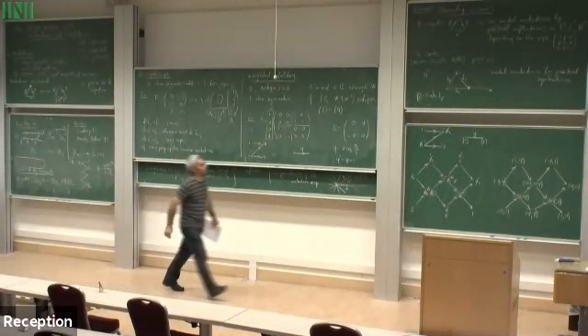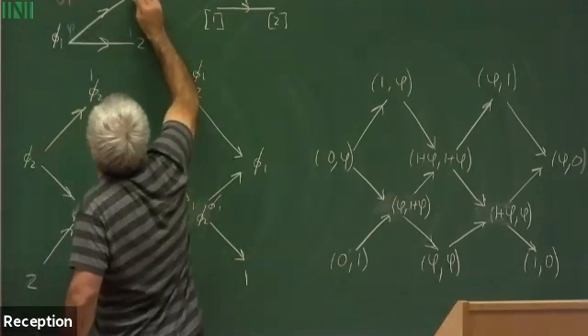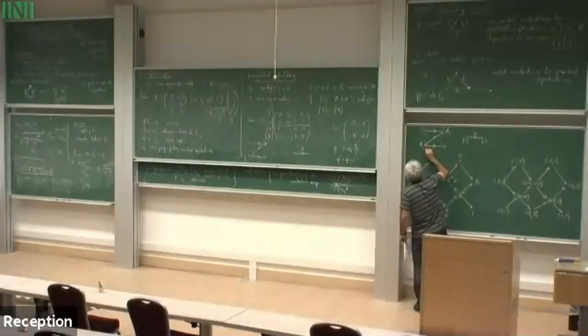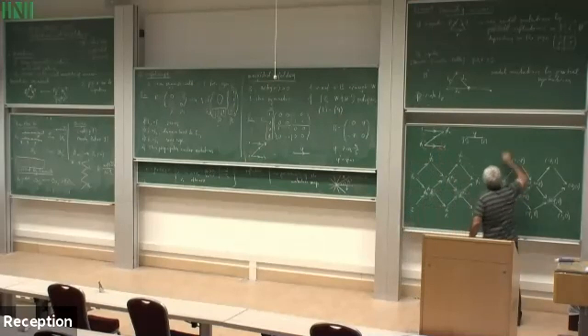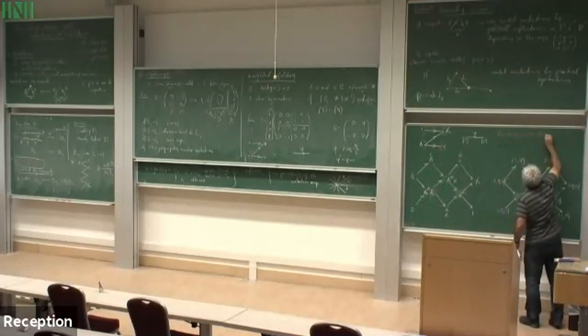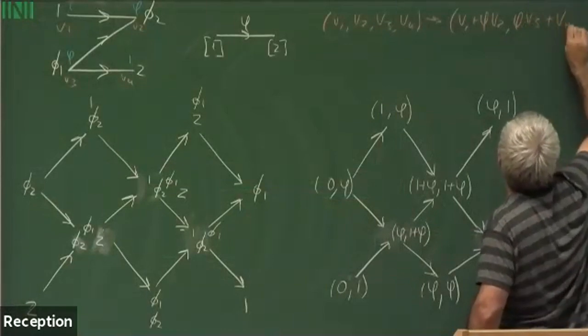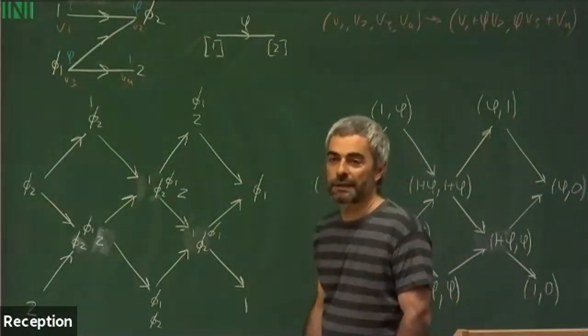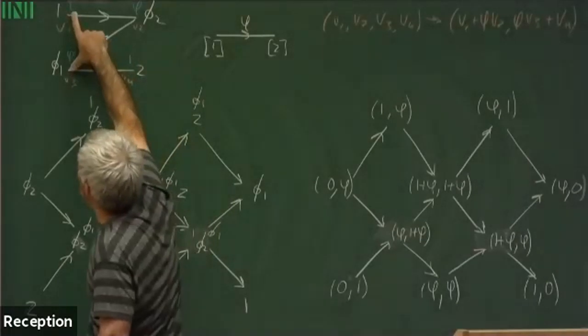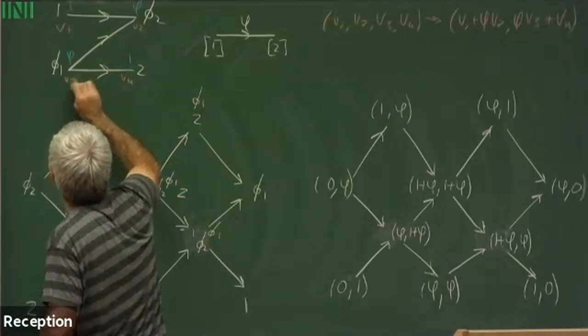If I have V1, V2, V3, V4, I take them to V1 plus 5V2, 5V3 plus V4.